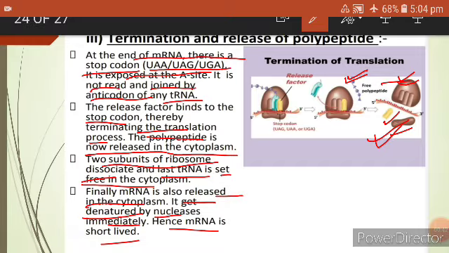Likewise, several protein molecules are required, and they can act as structural protein or functional protein. So this is about translation, the second part of the central dogma. Now we have finished with transcription and then translation.